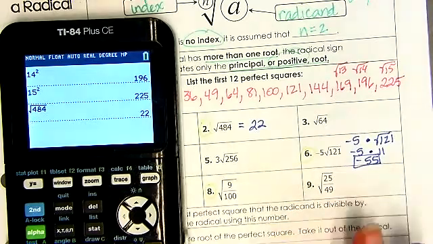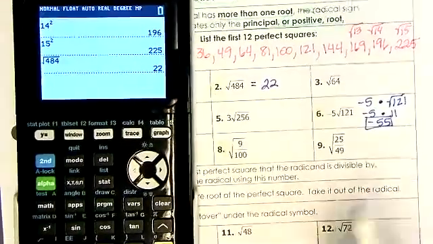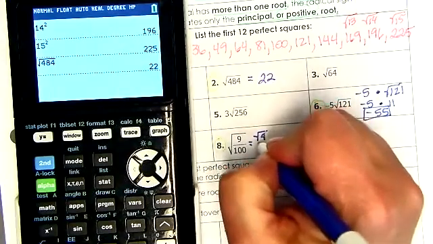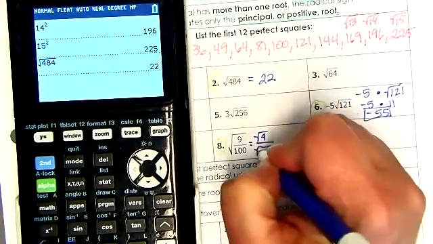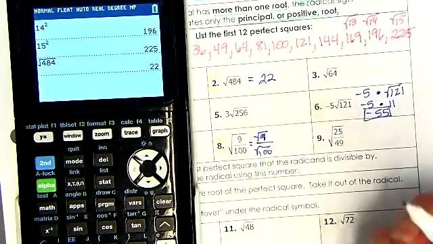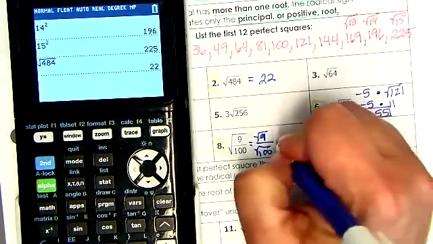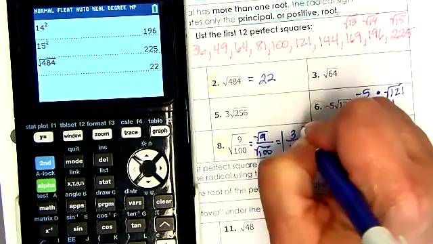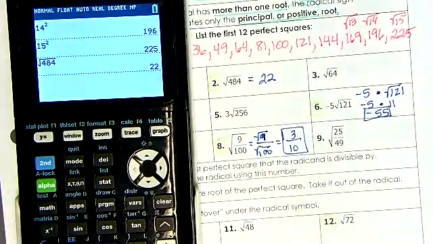When we have it as a fraction, we separate that and treat it as the square root of 9 over the square root of 100. The square root of 9 is 3. The square root of 100 is 10. So my answer is 3/10.